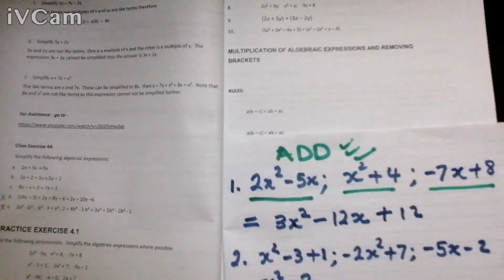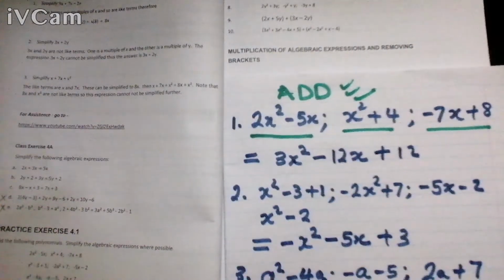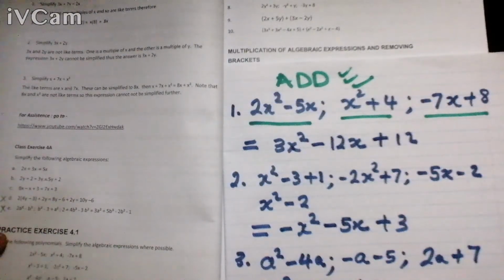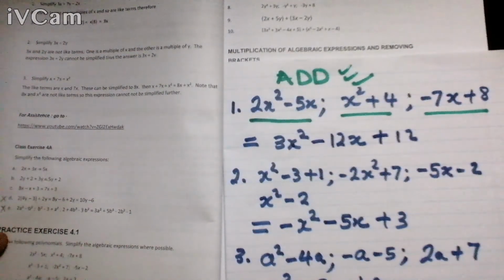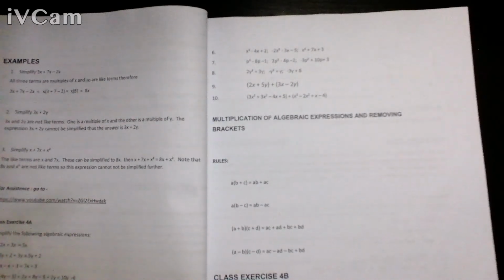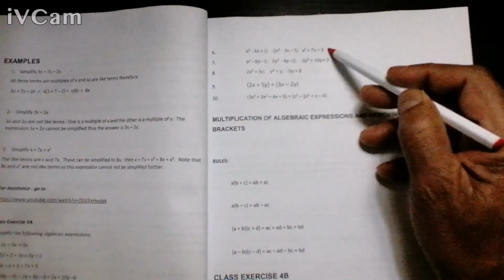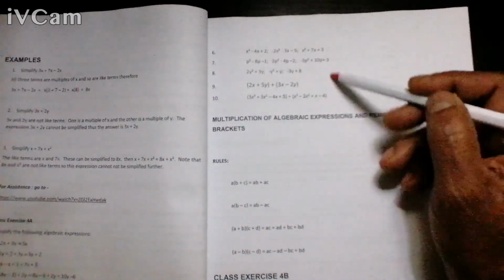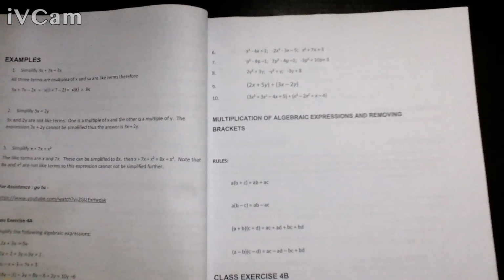Our next session has to do with multiplication of algebraic expressions, which we will do in our next session. But what you will have to do as an exercise now, which we will mark at the beginning of the next section, is the balance of the exercise of 4.1 involving simplification of expressions.